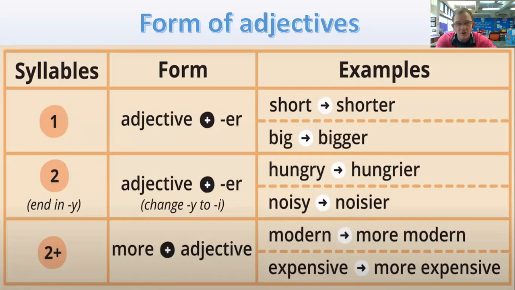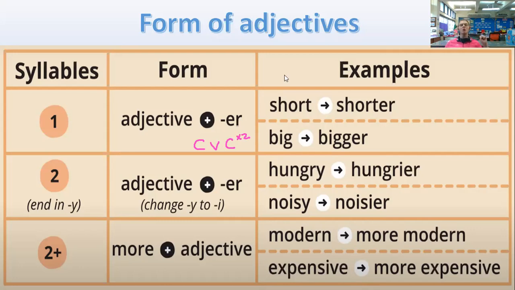But if the adjective is consonant, vowel, consonant, we double the last consonant, like big becomes bigger with 2 G's. These are not that easy to remember, but if we practice them enough, we will remember them automatically.